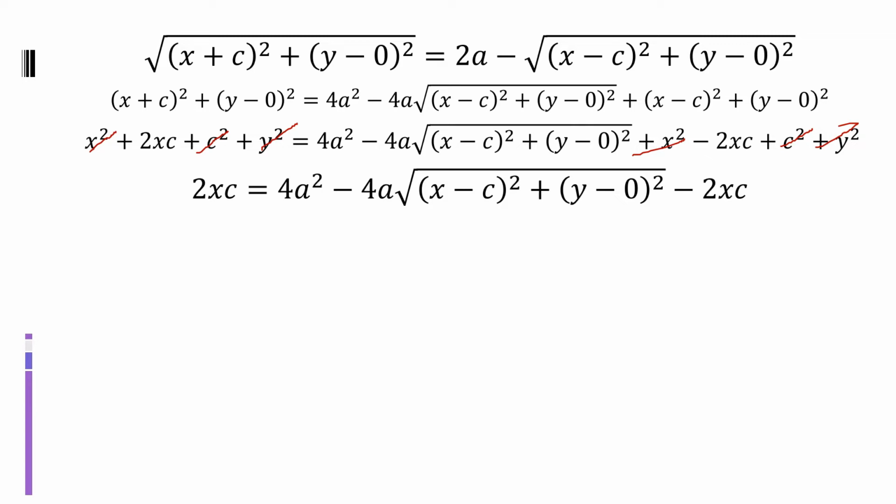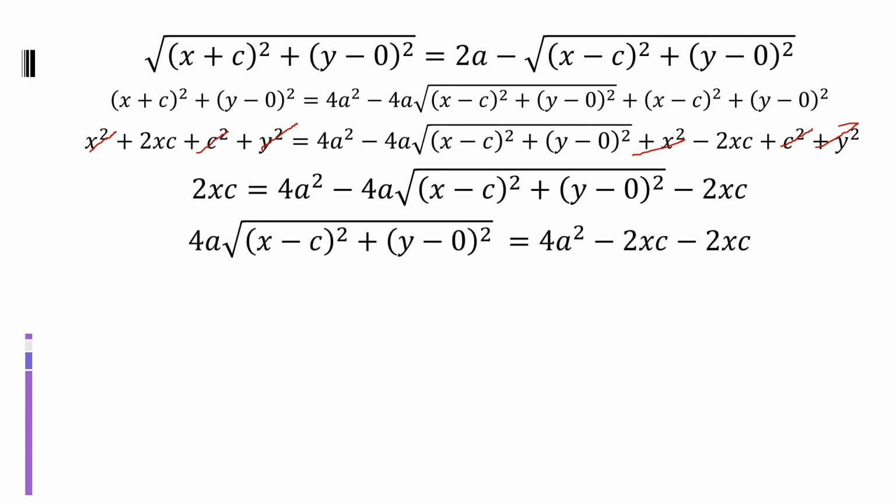Ngayon, ililipat natin lahat ng walang square root dun sa kabila para pwede ulit tayong mag-square on both sides. Ito, nilipat natin sa kabila. Ito, sa kabila naman. So we have 4a square root of (x minus c) squared plus (y minus 0) squared is equal to 4a squared minus 2xc minus 2xc.